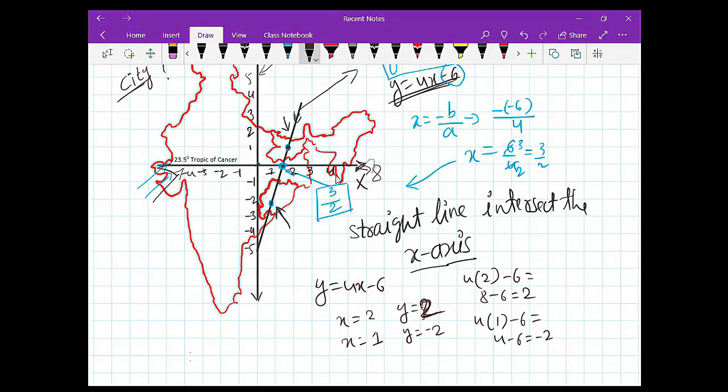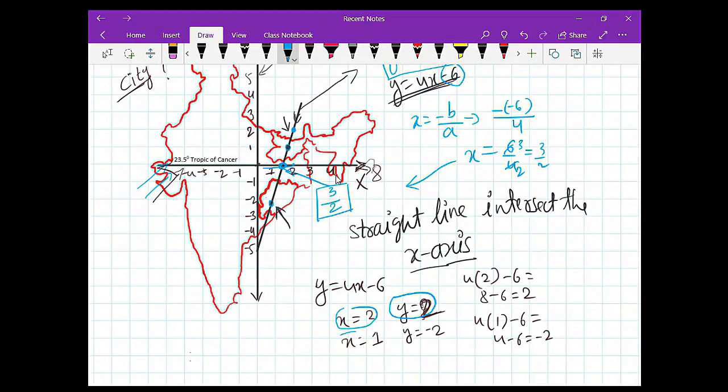See, these points are on this line. When x equal to 2, y will be 2, and that point lies on this line.